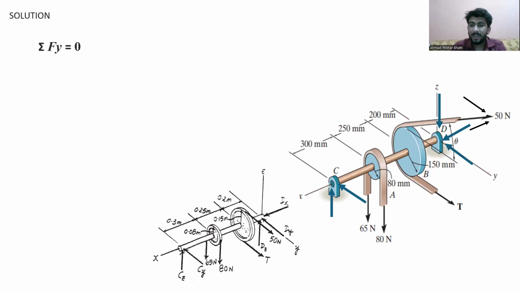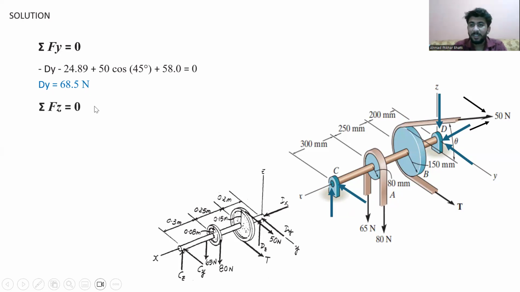And in case of the force in the vertical direction, we have the DY force, which is the reaction force, and we have the 24.89 Newton force, which is the CY force. Then we have the 50 Newton force, which was at 45 degrees, and we have also the tension force. So we get the reaction force at bearing D in the y direction, which is 68.5 Newtons.